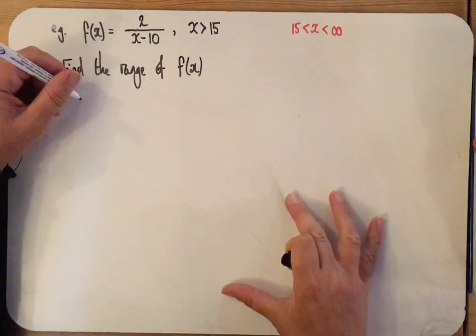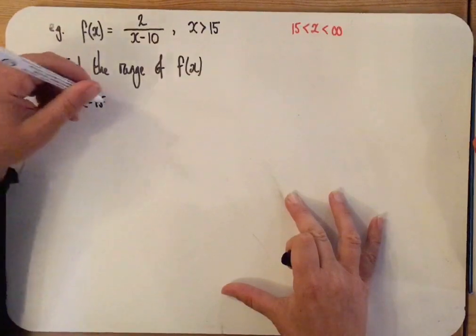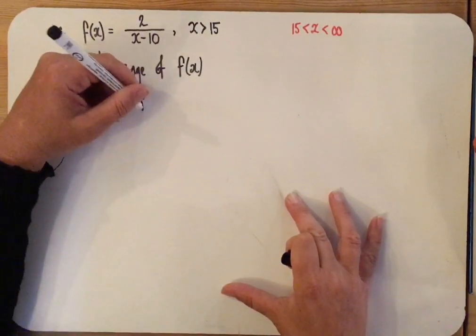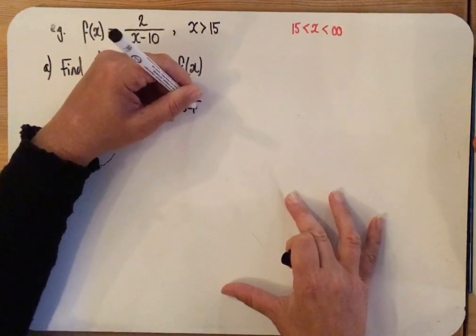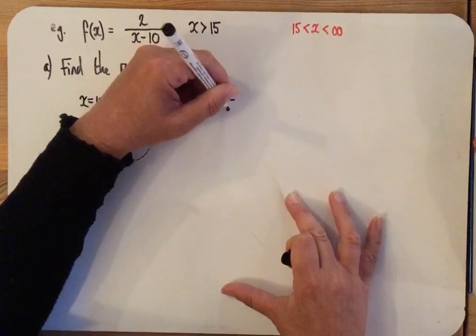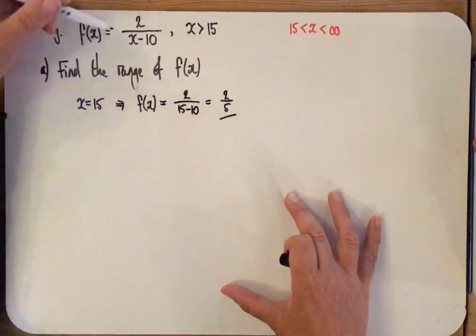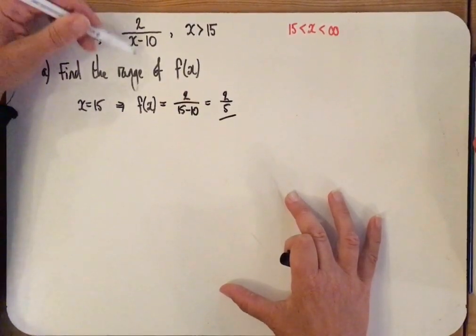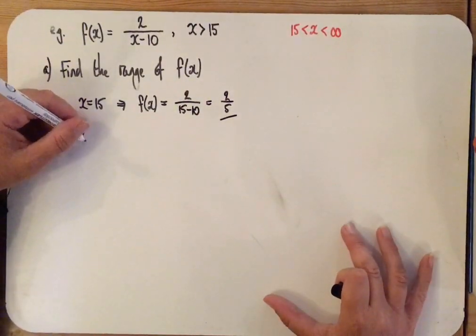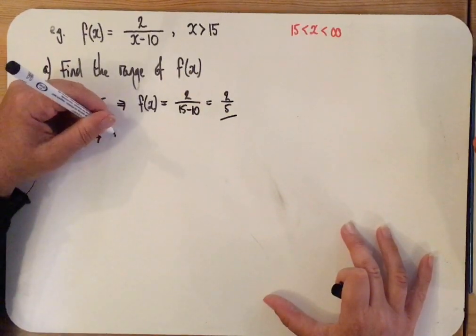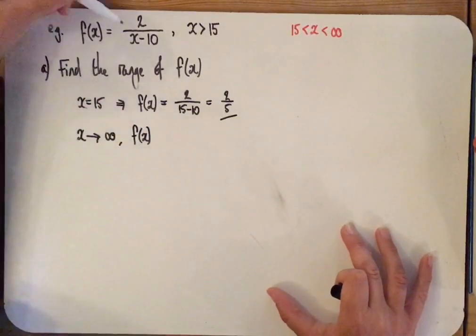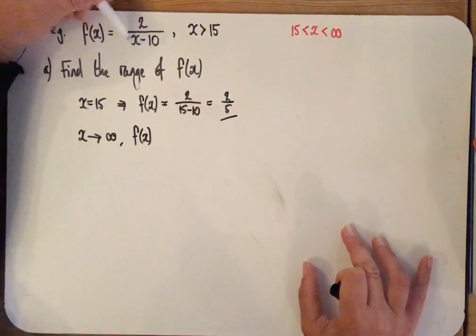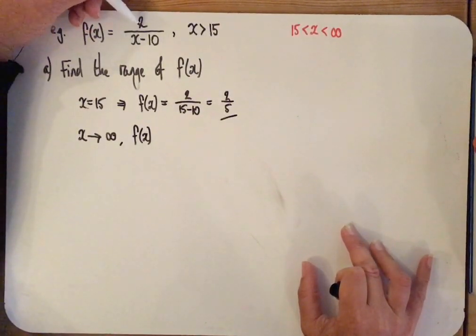So when x equals 15, then f of x is equal to 2 over 15 take 10, which is 2/5. We can't plug in x equals infinity, but as x approaches infinity, f of x, hopefully you can see this one, as the bottom of this fraction gets bigger and bigger and bigger, you're going to end up with 2 over a really big number.